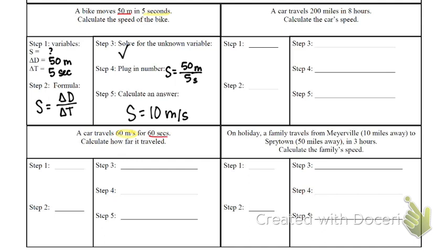This one says a car travels 60 meters per second for 60 seconds. So what do those stand for? Time: 60 seconds is time. Speed: meters per second is speed. We don't know what the distance is.